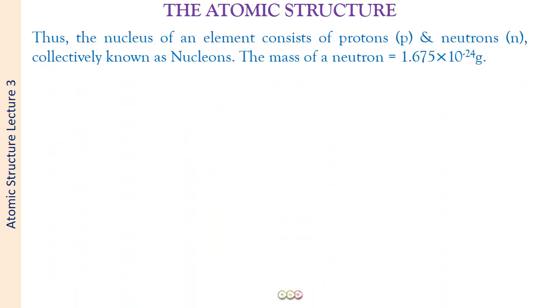And now, after the discovery of the neutron, it was found that the nucleus of an element consists of protons and neutrons, and collectively they are called nucleons. The mass of a neutron was also calculated, which was 1.675 into 10 power minus 24 grams.